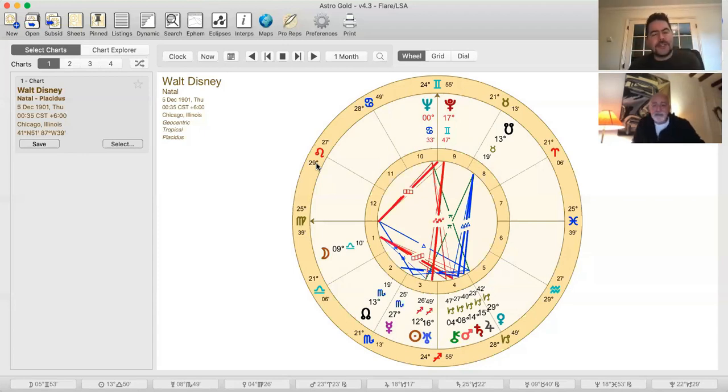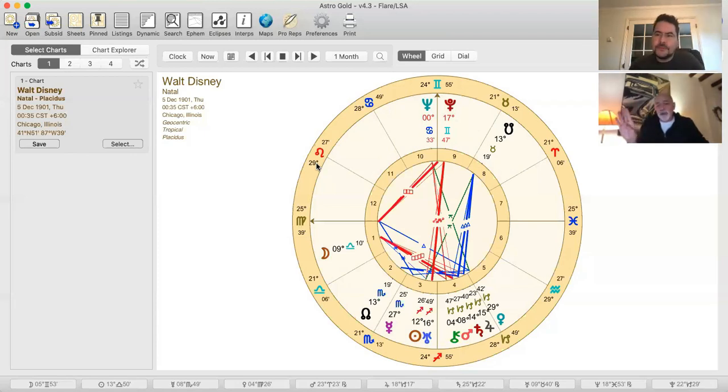Do you incorporate relocated charts in your work often? I do. If I know that someone is born in one place and now living in another place, I will always have that other chart available.